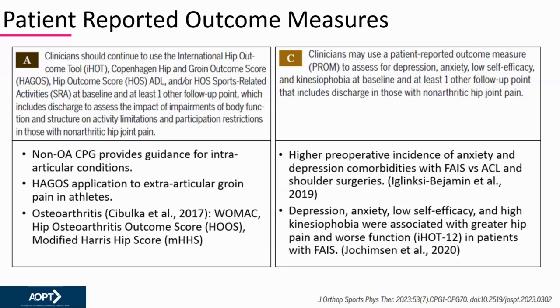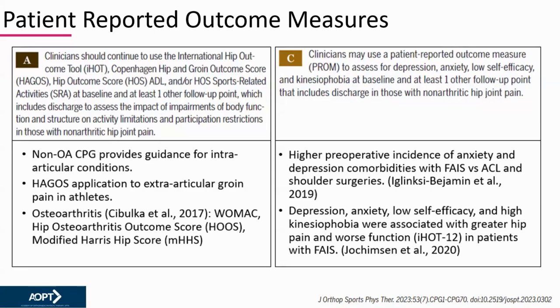In regard to patient-reported outcome measures, in 2014 we were able to give an A recommendation for what many people call the legacy patient-reported outcome measures. Many of these have evolved through surgical literature. They're applicable to our patients as well. But due to that, you had an early recommendation that was fairly strong, and that continues.